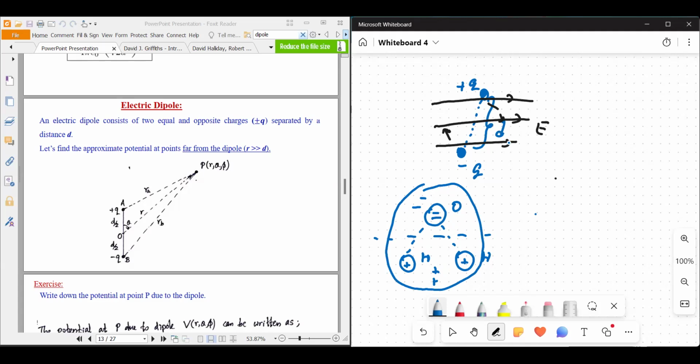Now, I hope you can remember that we discussed what will happen in a microwave. If I have this water molecule in a continuously changing electric field, then this water molecule will rotate continuously.